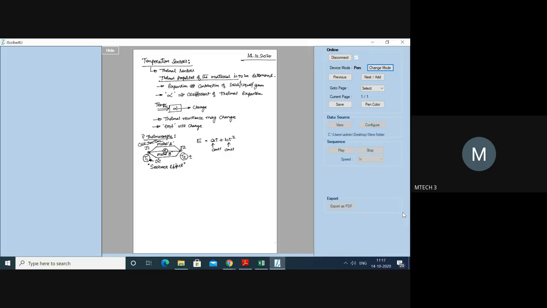Then what are the materials that you can use? Any idea? Which are the thermocouple materials? Iron constantan, and copper.